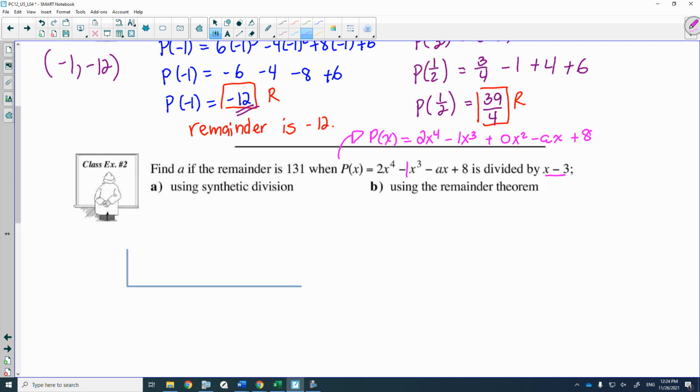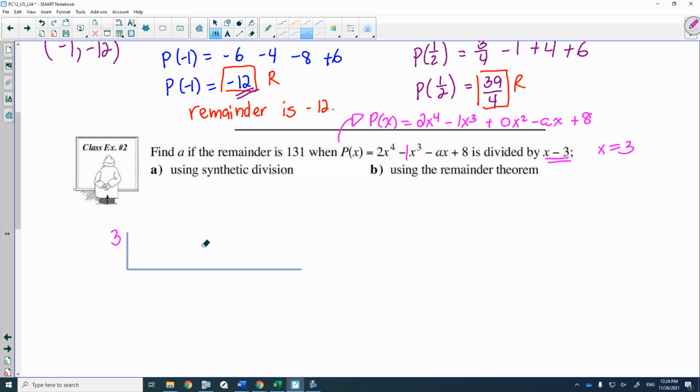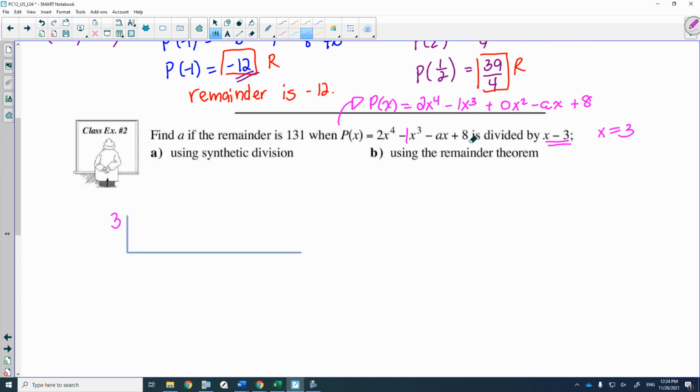The root of my divisor is 3. The root of the divisor goes in front of the upside down division bar, and the coefficients of each term go in the first row. So those coefficients would be 2, -1, 0, negative a, and 8.